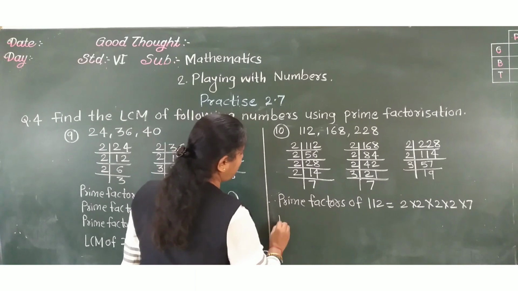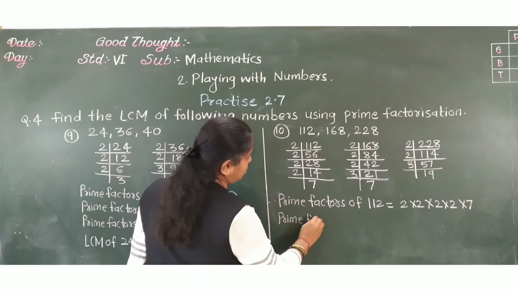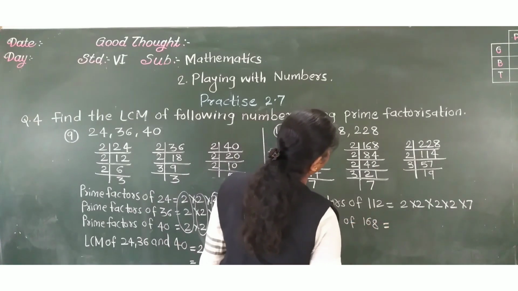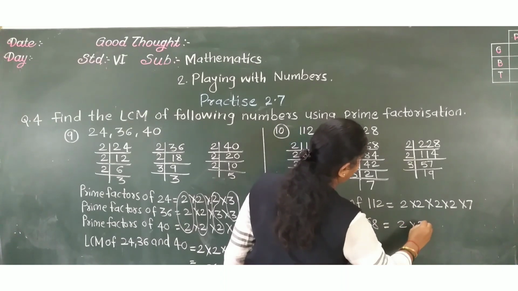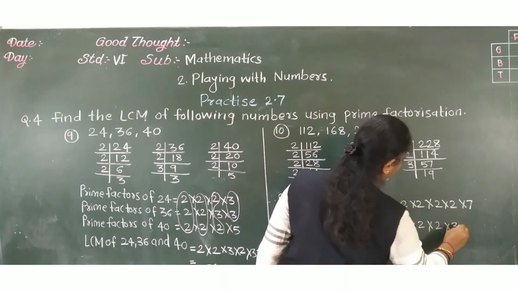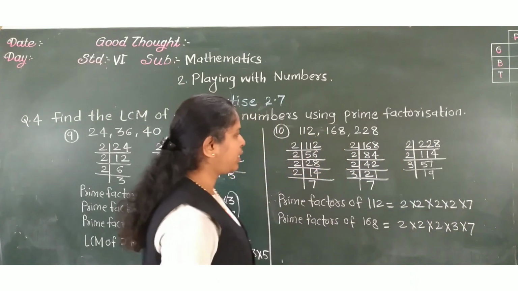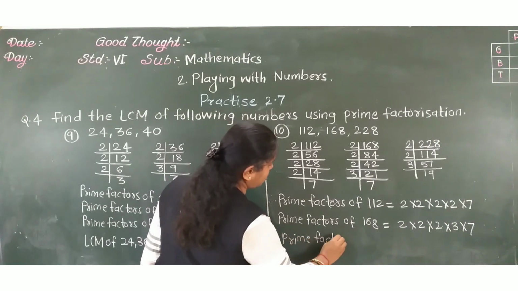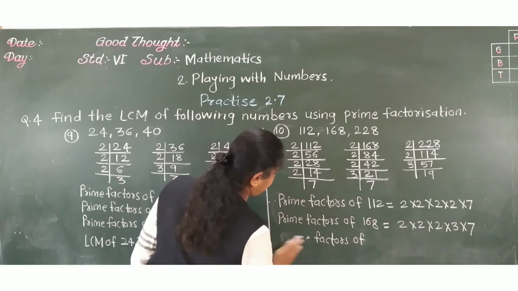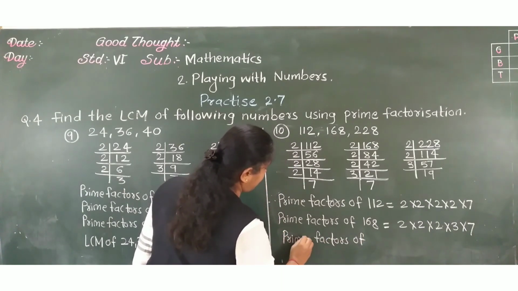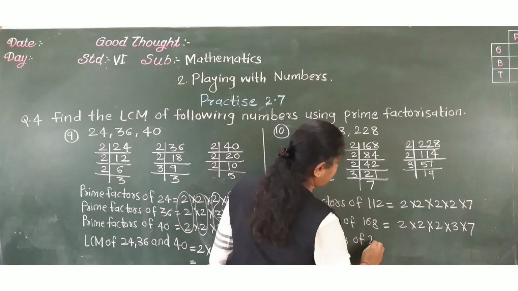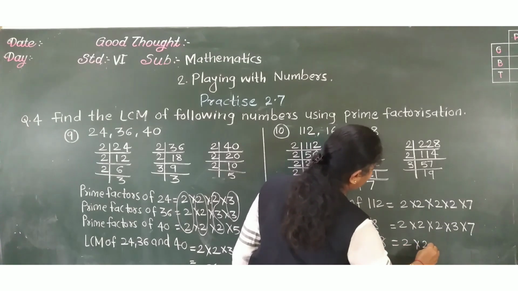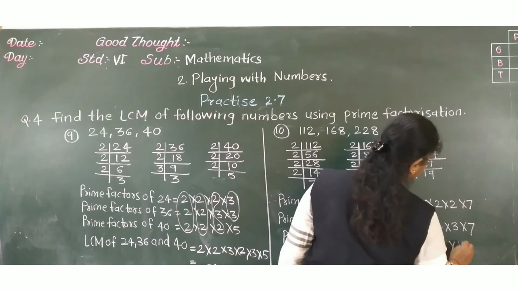Next, the prime factors of 168 is equal to 2 into 2 into 2 into 3 into 7. Next, the prime factors of 228 is equal to 2 into 2 into 3 into 19.